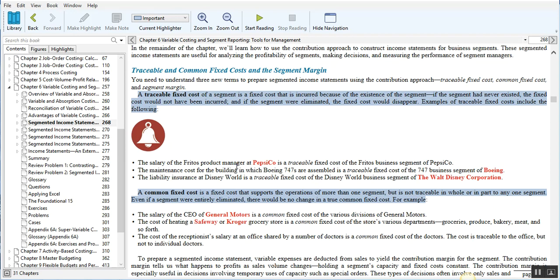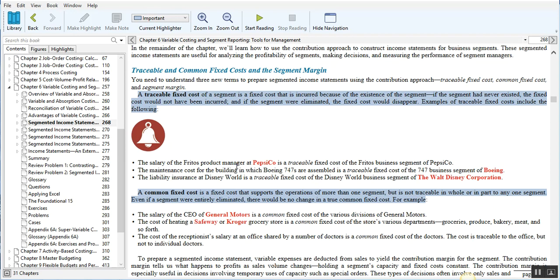I don't think they make those anymore, but anyway, going on. The liability insurance at Disney World is a traceable fixed cost of the Disney World business segment of the Walt Disney Corporation. So when we're talking about Disney World, we're talking about one specific location in Florida.